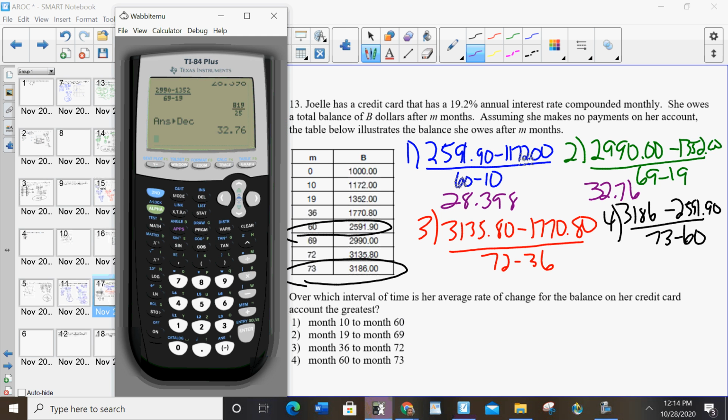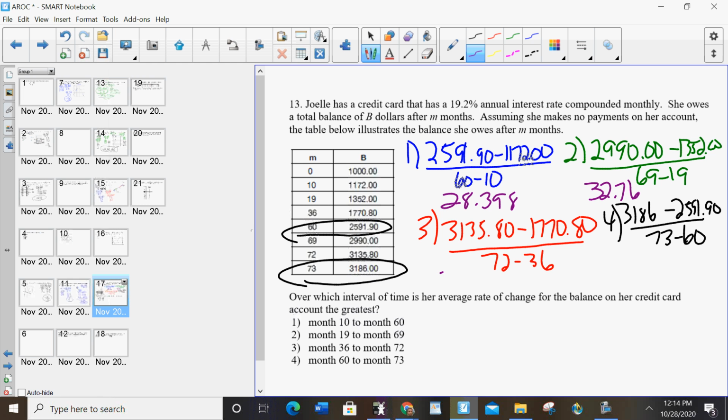Choice 3, alpha y equals enter, 3135.80 minus 1770.80 over 72 minus 36, 37.916 repeated.